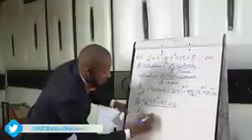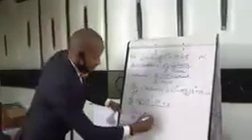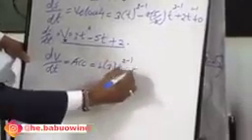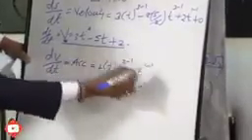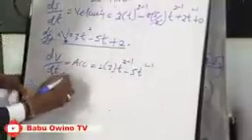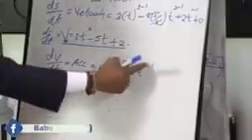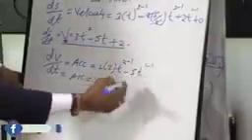So this gives us the acceleration, equals, you bring 2 down, multiply by 3, t to the power 2 minus 1, minus 5 into t to the power 1 minus 1. So our acceleration equals 6t minus 5, because t raised to power 0 is 1. So this is our acceleration.